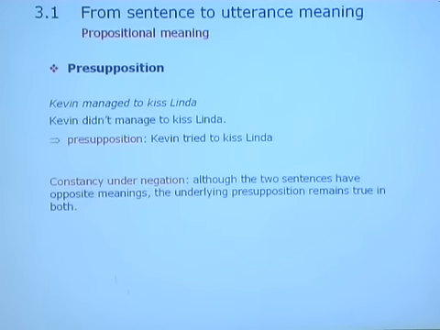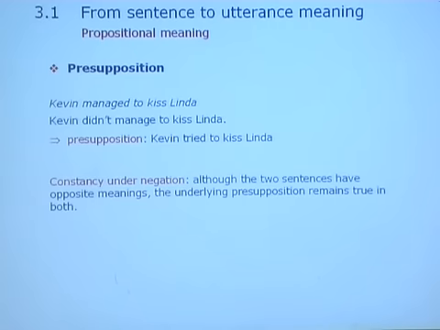And a presupposition in this semantic sense, in your pragmatic classes, you will then later learn that things can be more difficult again. And we need to take a more pragmatic approach, but let's stick to this.